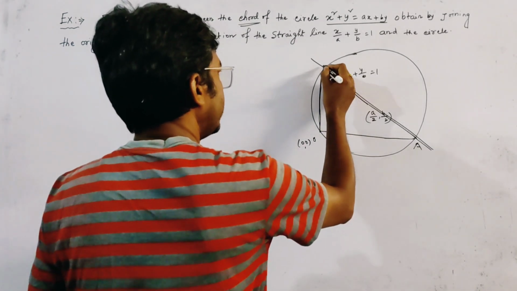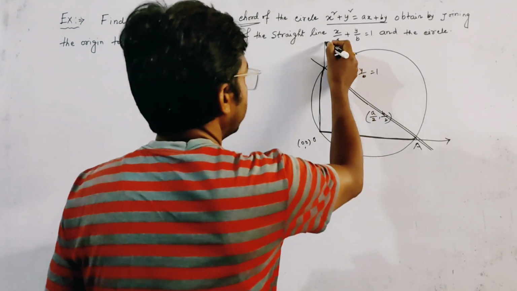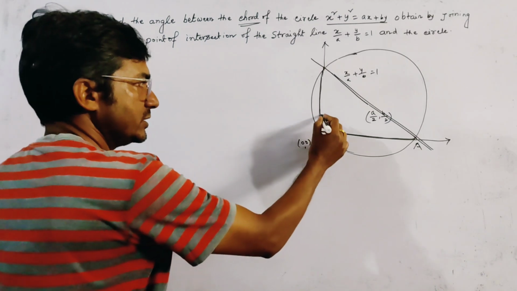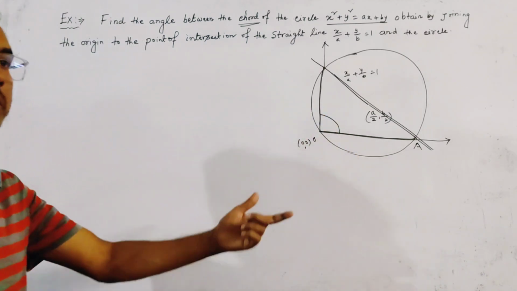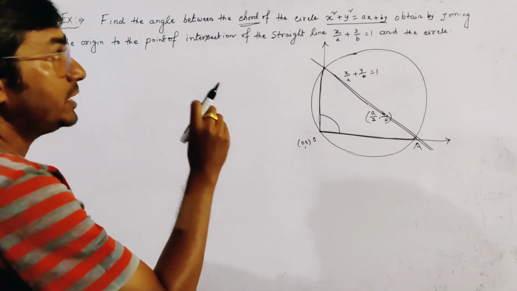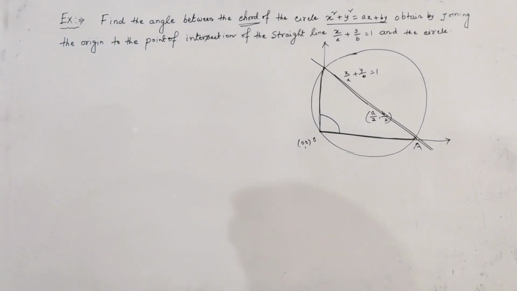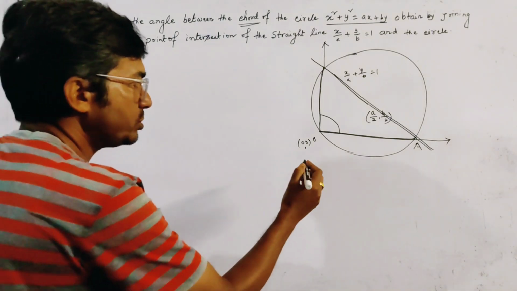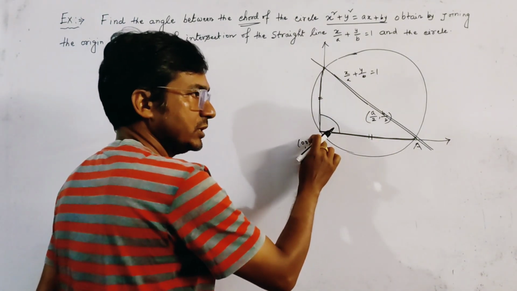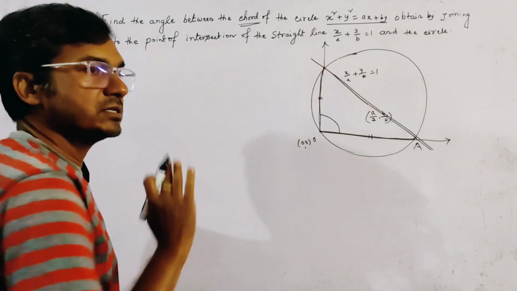Okay, clearly from the picture we see that these two chords are perpendicular to each other because this is the semicircular angle, this is pi by 2. Geometrically we can easily prove this problem, but analytically, we have to find the pair of straight lines OA and OB passing through the origin and the point of intersection of the circle and the straight line.